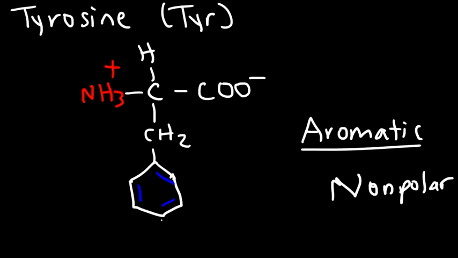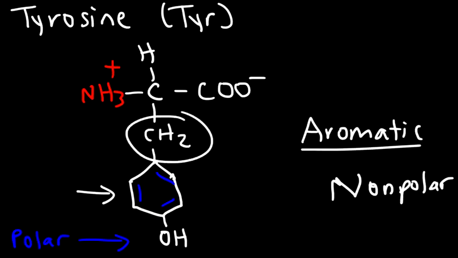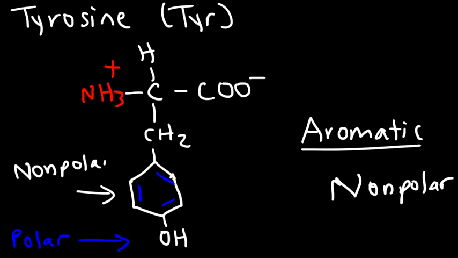The only difference is that it has an OH group. And so it has a polar portion. The hydroxyl group is the polar part of the side chain, and the benzene ring with the CH2 group, that's the nonpolar portion of the side chain.